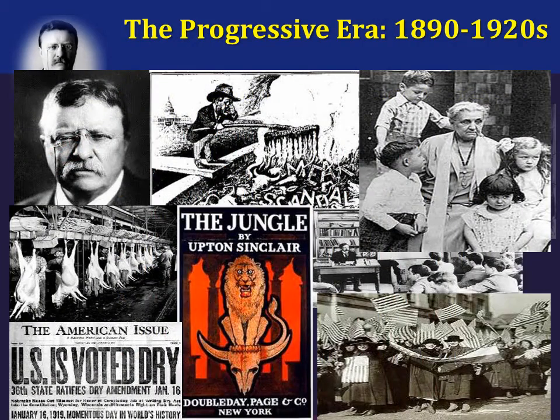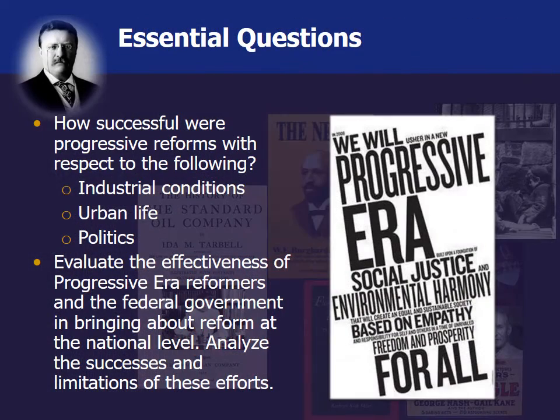So here we go. Here are various pictures. We have The Jungle with Upton Sinclair, or as I like to call him, Upchuck Sinclair, but we'll save that for another slide. So, big questions that we want to look at. How successful were the progressive reforms with respect to industrial conditions, urban life, and politics?